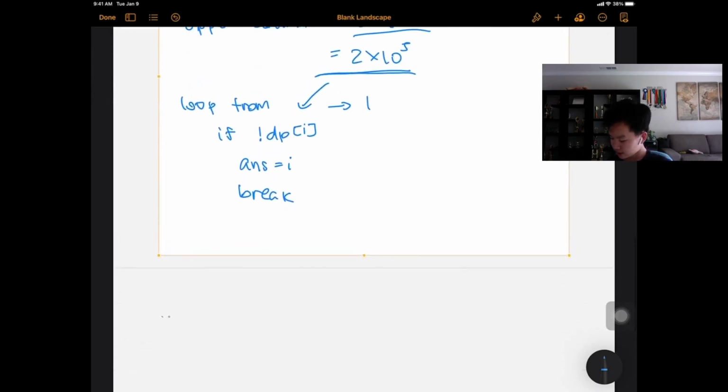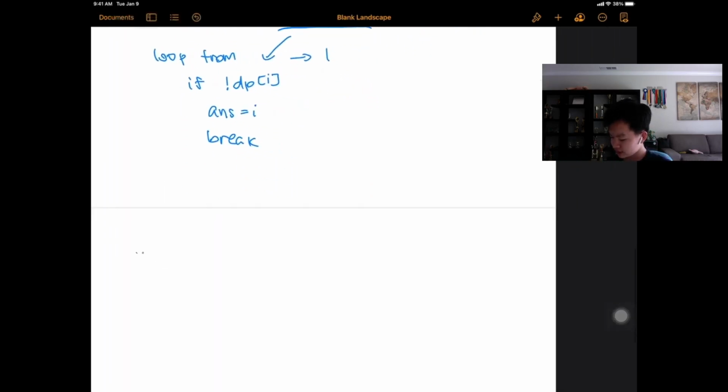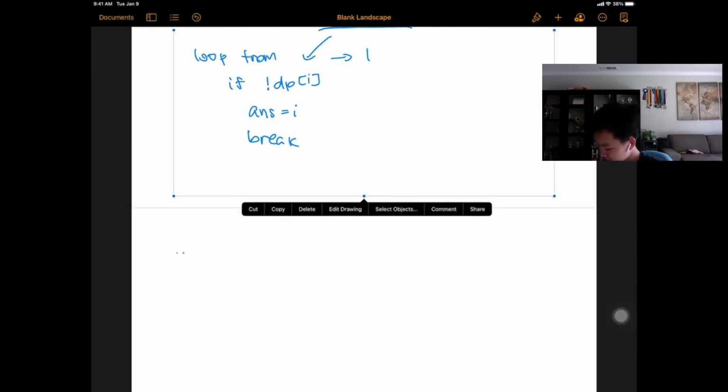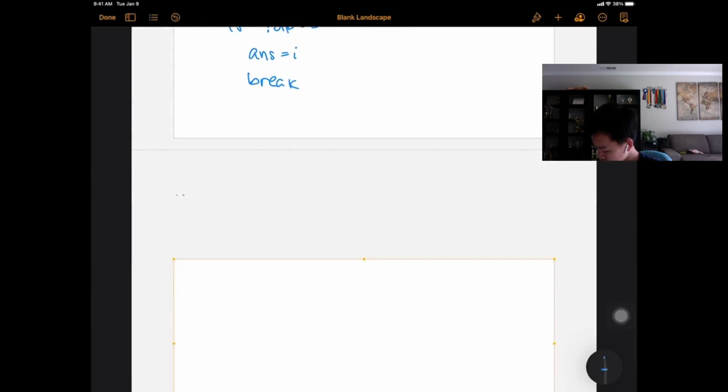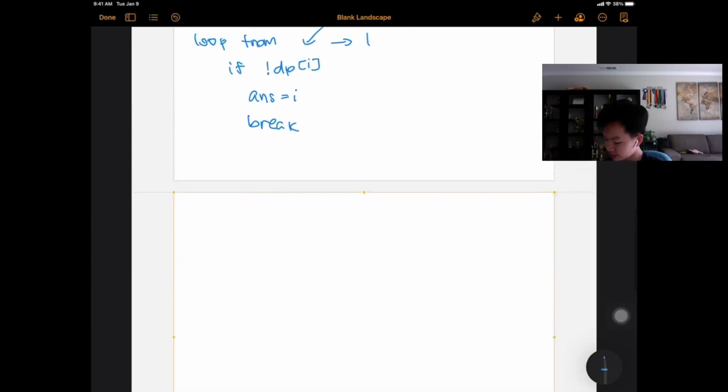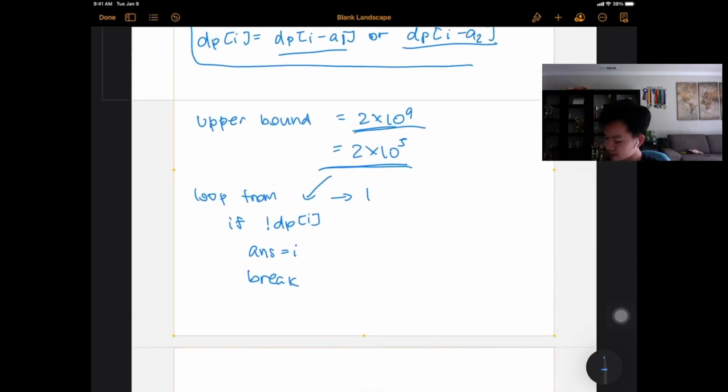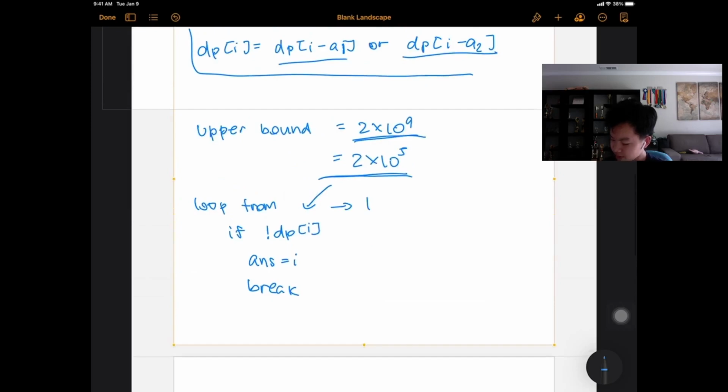Okay, but in reality, given in the problem statement, our upper bound can be pretty large. But actually, even though it says that our upper bound is this many, it actually cannot be that much. So let's take a look at something.